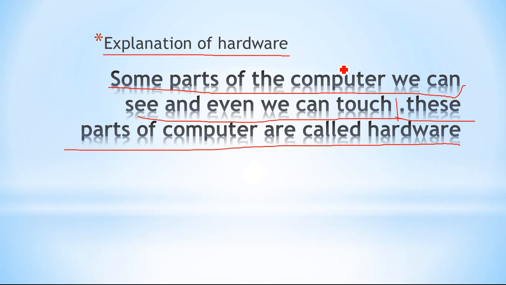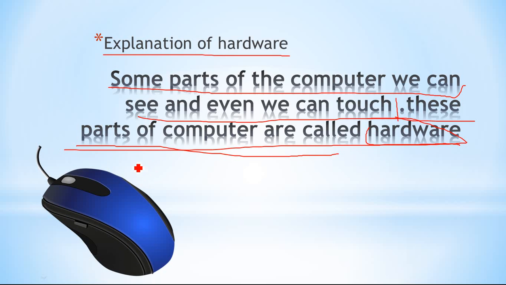Okay, some parts of the computer we can see and even touch. I have given examples like mouse, keyboard, scanner, printer, microphone, speaker, and all these are hardware. So these parts of the computer are called what? Hardware. Okay, so the common examples of hardware are the mouse.